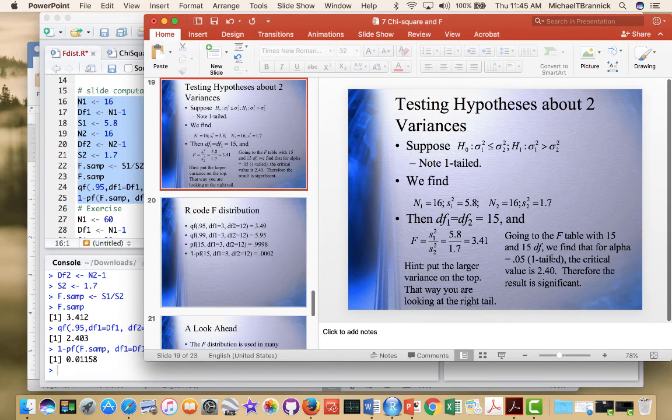Let's see. Okay, so I have 16 people and 5.8, 16 people and 1.7. I compare the variances. So my sample F, my obtained F, is 3.41.